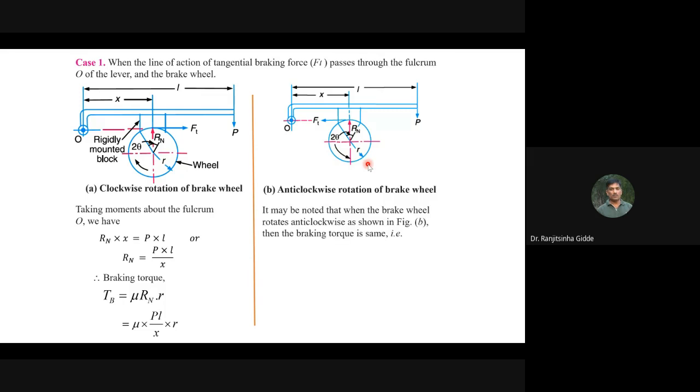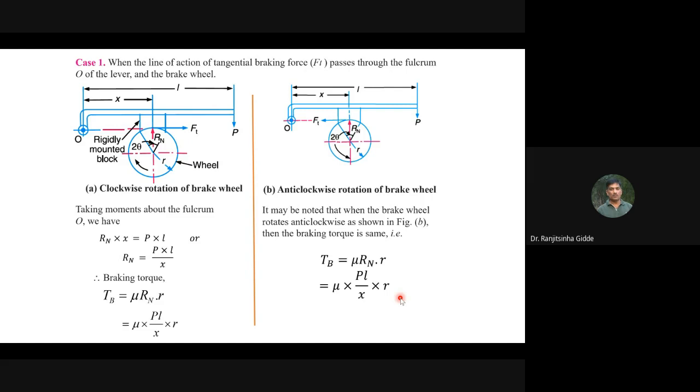Now, here you can see that when the brake wheel rotates in anti-clockwise as shown in this figure, then braking torque TB is equal to mu Rn, and is equal to mu Rn into R. So braking torque is not going to change whether the vehicle or wheel is moving in clockwise or anti-clockwise direction.